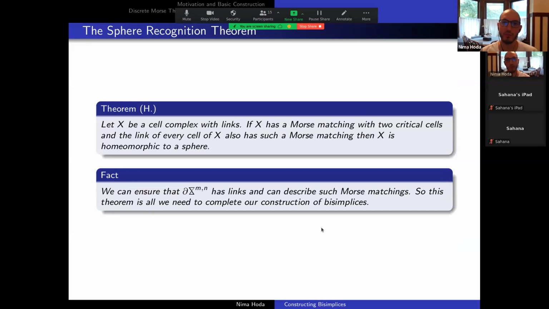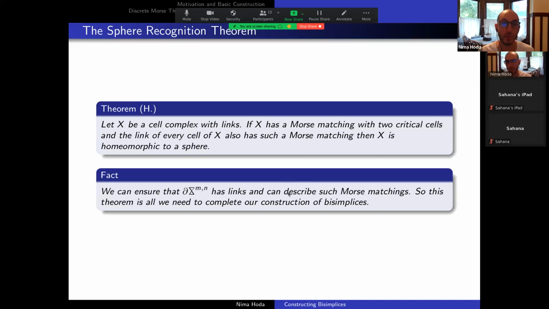Okay, so that brings us to the sphere recognition theorem, which gives us our complete way to prove that boundaries of bisimplices are in fact spheres as we construct them. So the theorem says that if X is a cell complex with links, and it has a Morse matching with two critical cells, and every link of X has a Morse matching with two critical cells, then X is homeomorphic to a sphere.